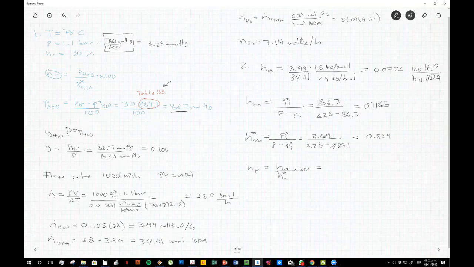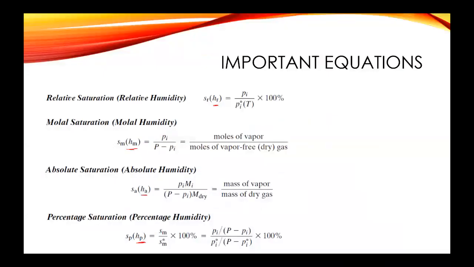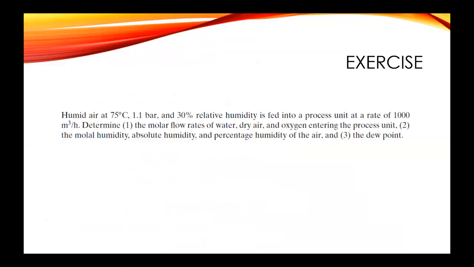So if we substitute the data that we have, it's going to be 0.1165 over 0.539 times 100, and that should give us 21.7% of percentage humidity, right? And we are done with that, but we are only missing one calculation. That is for the third point. The third point is telling us that we need to calculate the dew point.